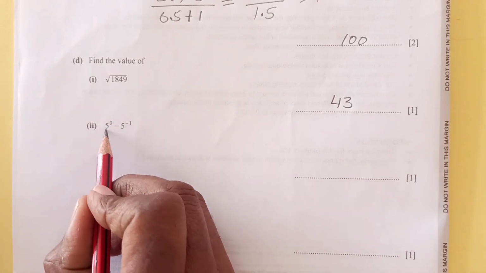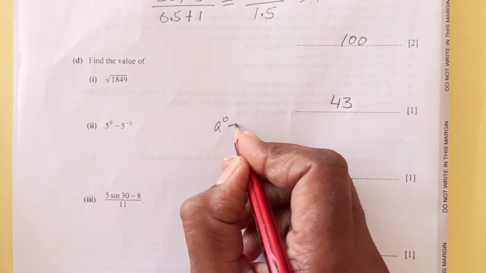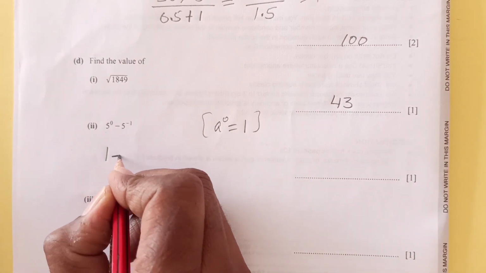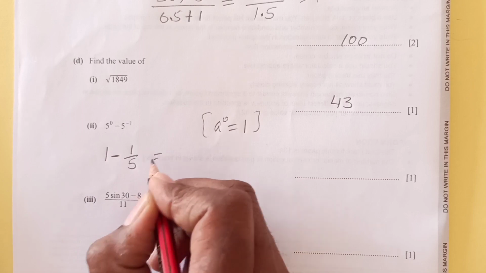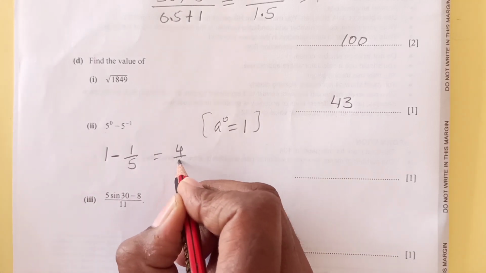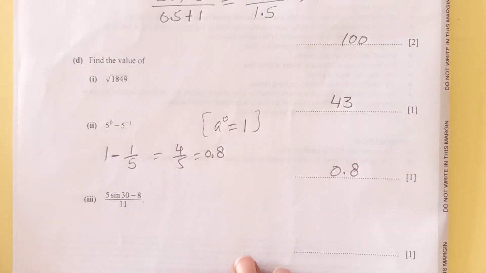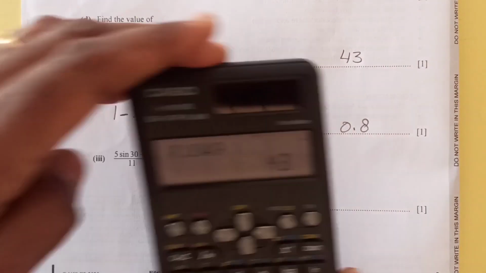This is now 5 power 0. Anything raised to power 0 is 1, right? So 5 raised to power 0 is 1, minus 5 to the power negative 1, which becomes 1 over 5. So 1 minus 1 over 5 is 0.8, right?